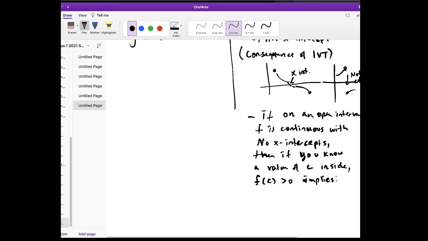If you know the value of one x value inside, and you're continuous with no x-intercepts, what do you think you know about f?